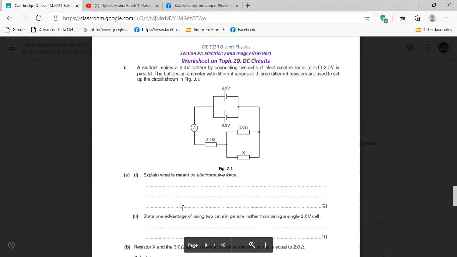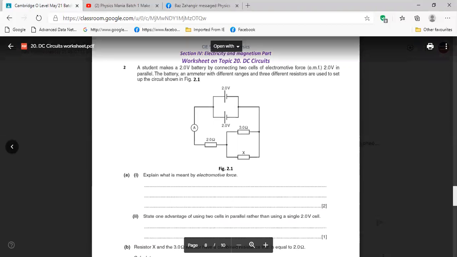Then question number 2, read. A student makes a 2 volt battery by connecting two cells of electromotive force 2 volt in parallel. The battery and ammeter with different ranges and three different resistors are used to set up the circuit shown in figure 2.1.